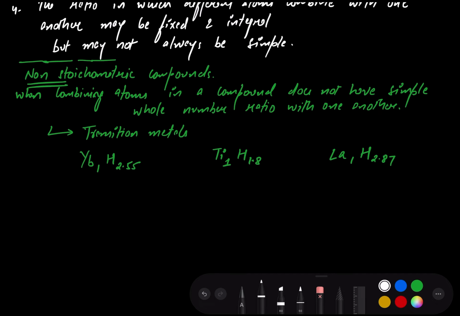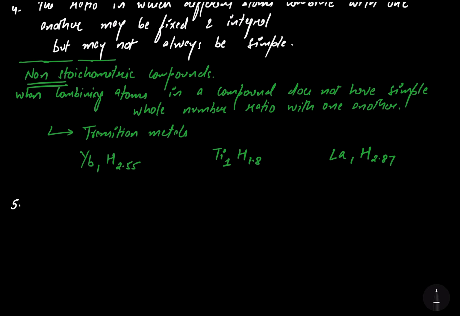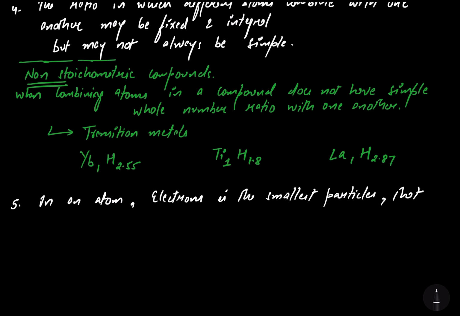The fifth modified postulate from the previous one states that in an atom, electrons are the smallest particles that take part in a chemical reaction.